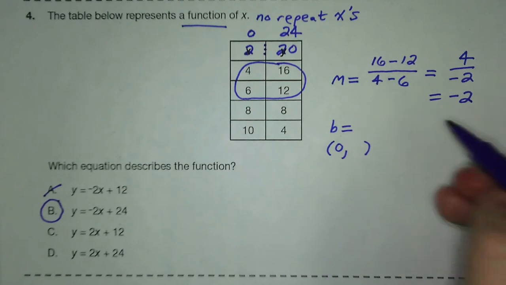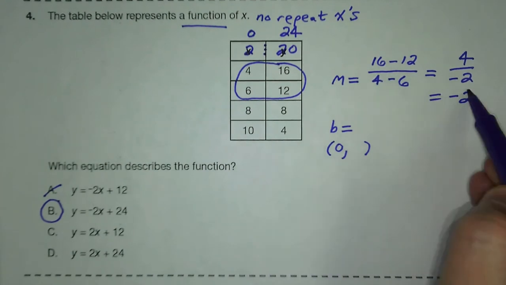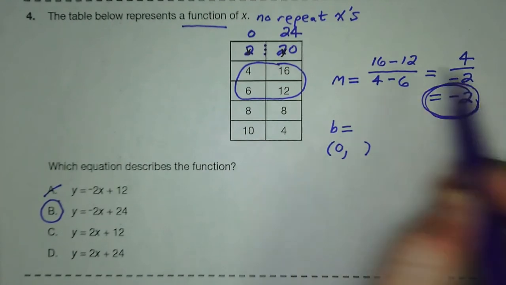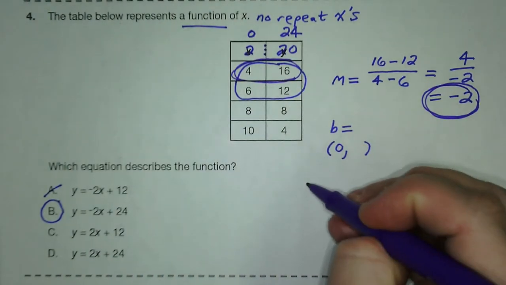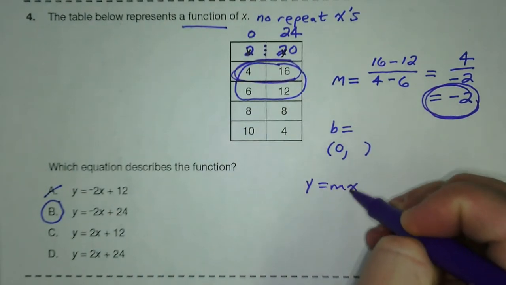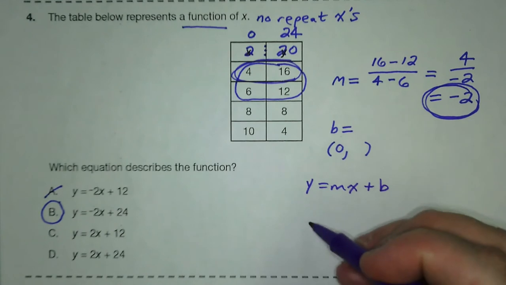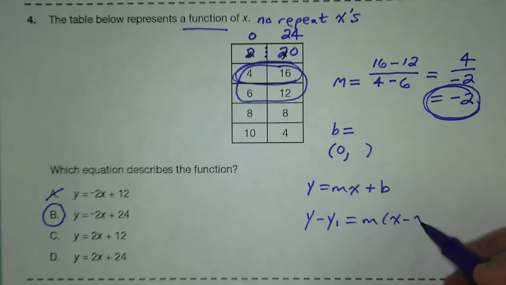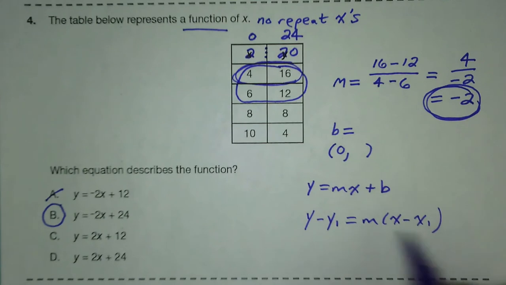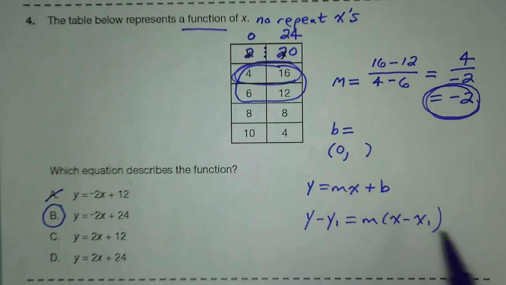Your other option is to take your m value and take maybe that point right there and plug into either y equals mx plus b, or like I emphasize in class, point-slope form. This is a third way to go about your business.